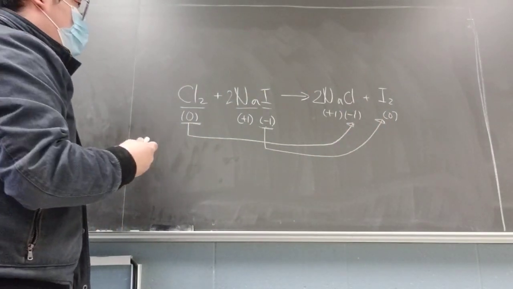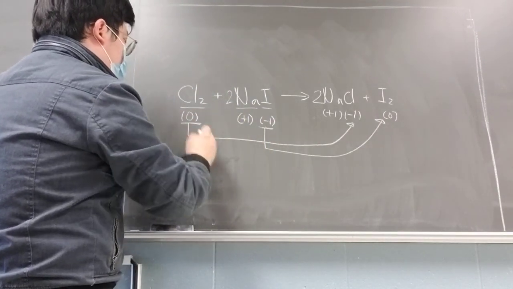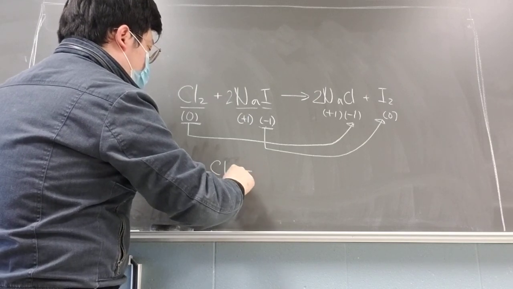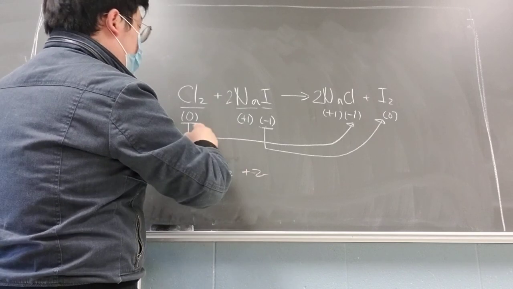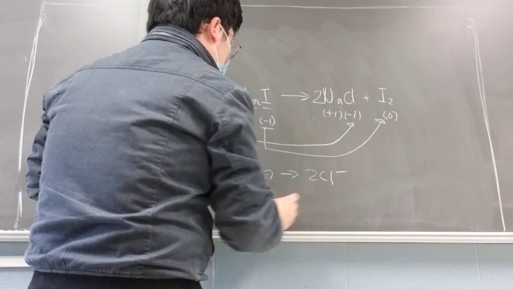So that means you're going to have 2. Let's do this one first. Chlorine goes to -1, gaining electrons.